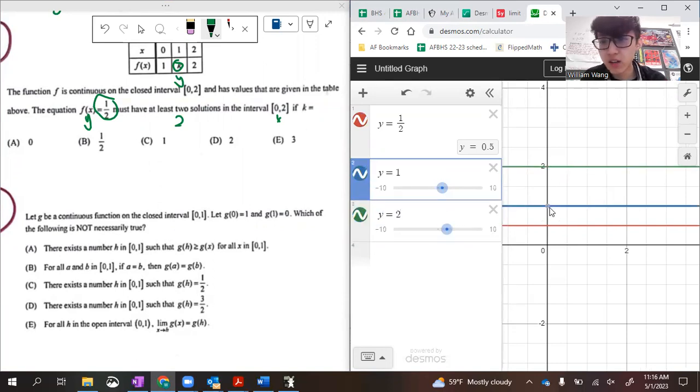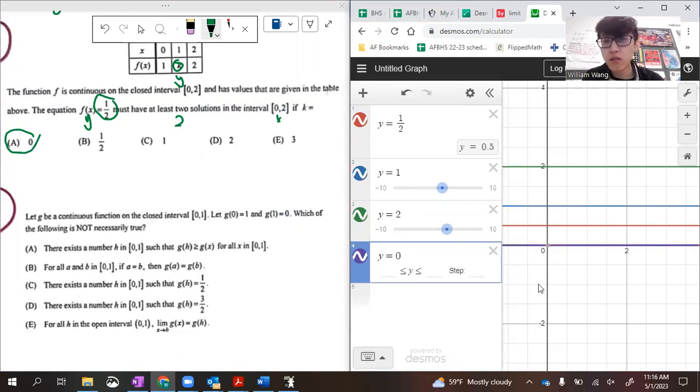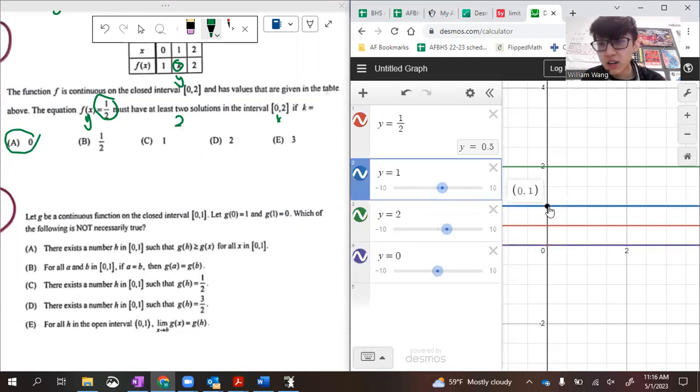So I go from here to here, right? How do I guarantee 2 solutions of me crossing this red line of 1/2? Well, I need to go below the line and come back up on the line. So the only option that allows me to do that is 0, right? Because if I were to go to 0, you'll see I start here, I go down to this purple line, and I go up to the green line. I cross the red line 2 times.